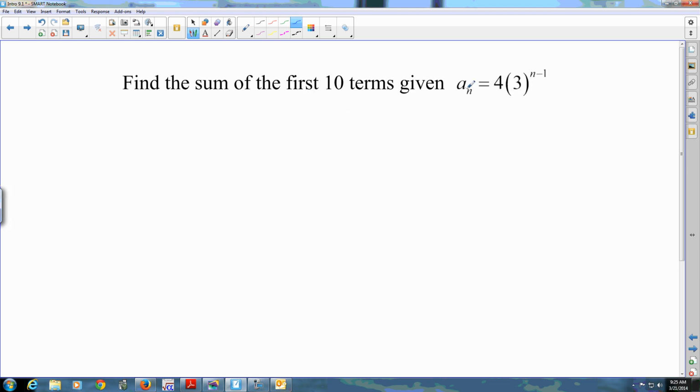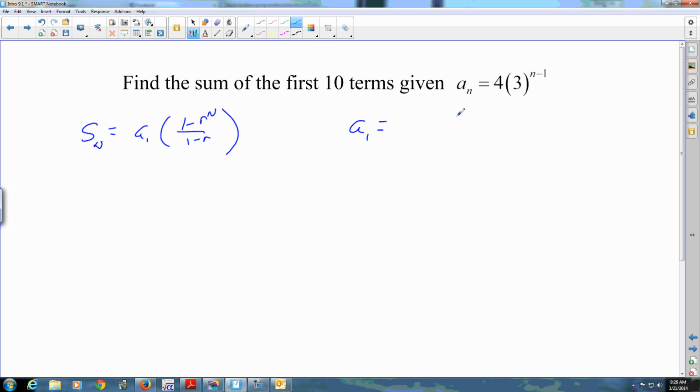Find the sum of the first 10 terms given the sequence. So the formula S sub n for a geometric sequence is a sub 1 times 1 minus r to the n, over 1 minus r. So what I need to know is a sub 1, the first term, and the common ratio.